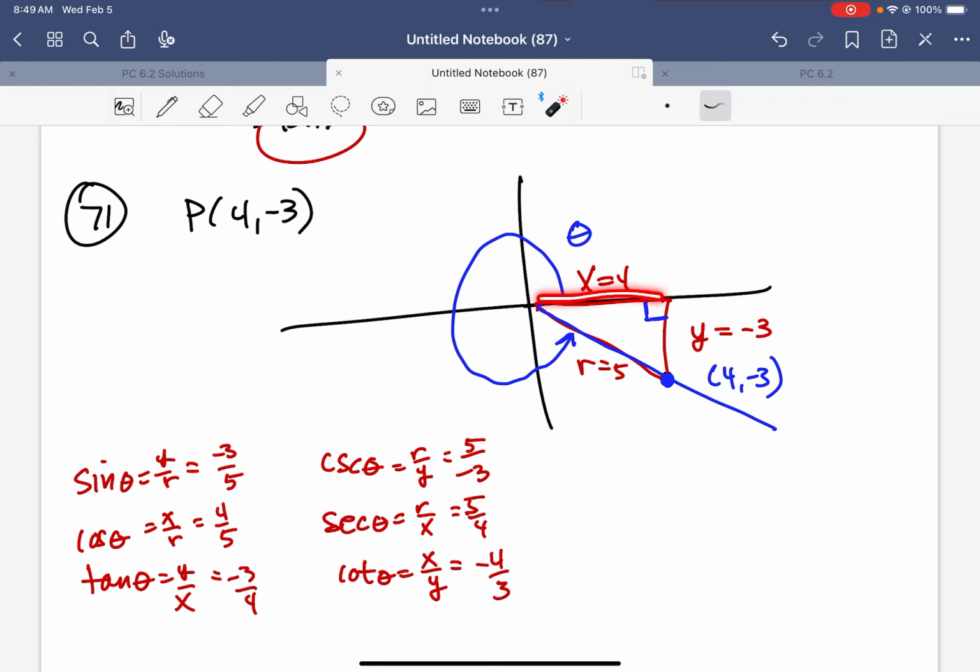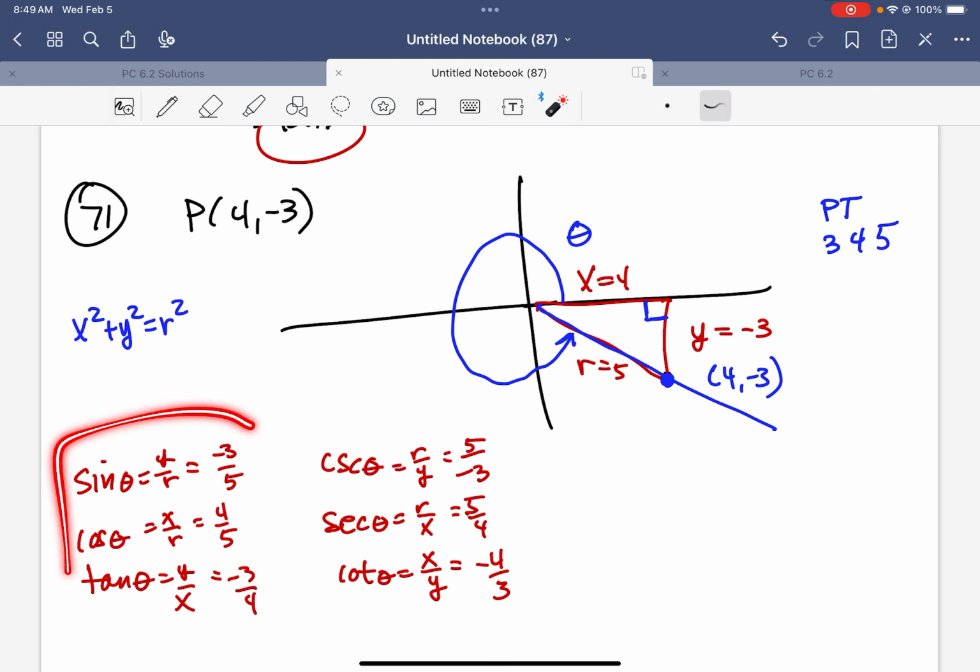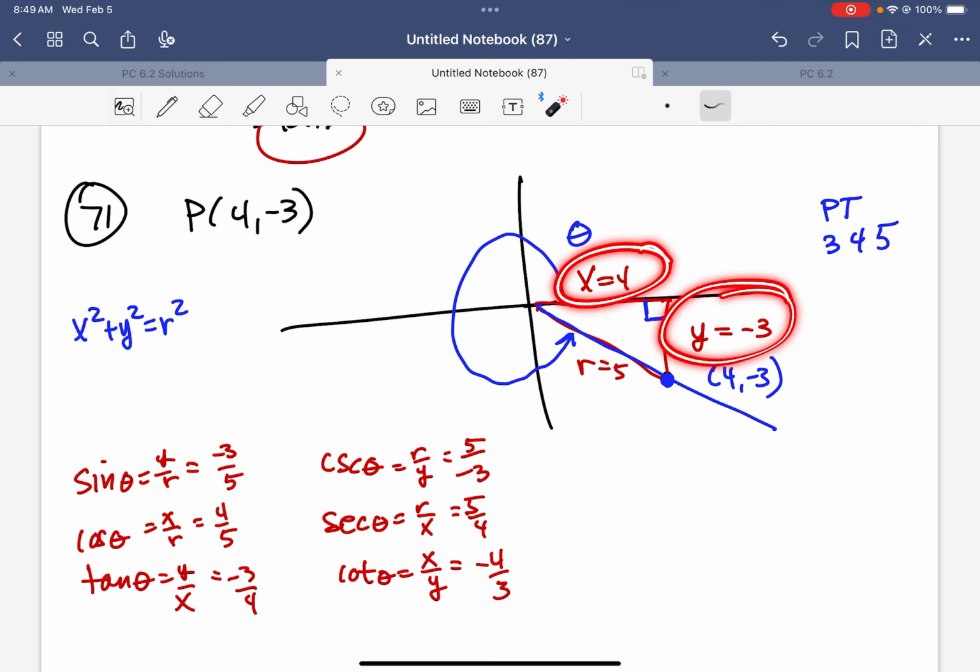And I have my x and y, but how do I find r? Well, I could either use x squared plus y squared is equal to r squared, the Pythagorean theorem, or I know my Pythagorean triple of 3, 4, 5. So I know that this is going to be 5. So I can find all my 6 trigonometric functions because I know x, y, and r.